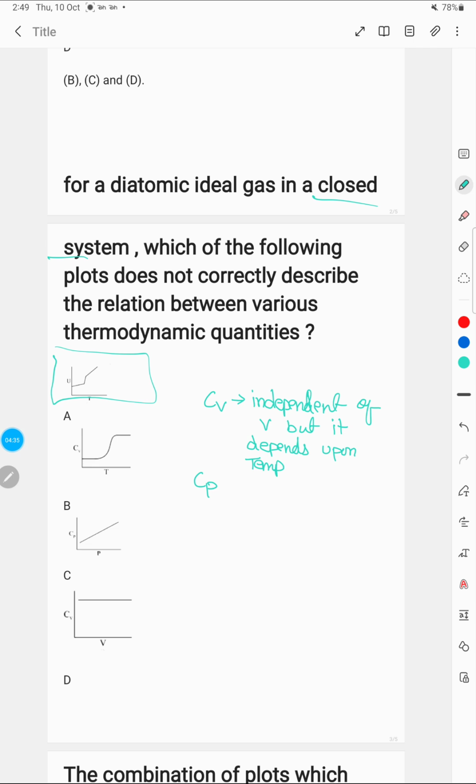That means at a specific temperature you will get a specific value of heat capacity at constant volume.